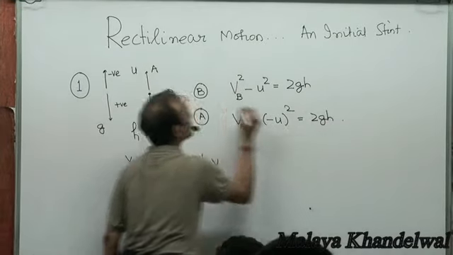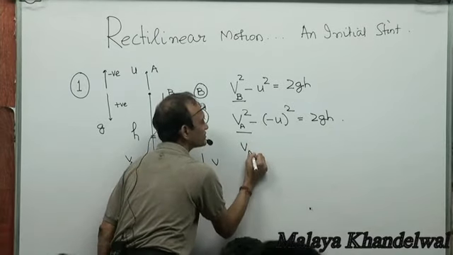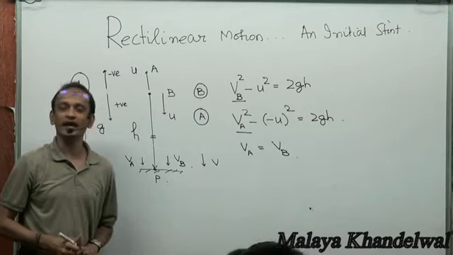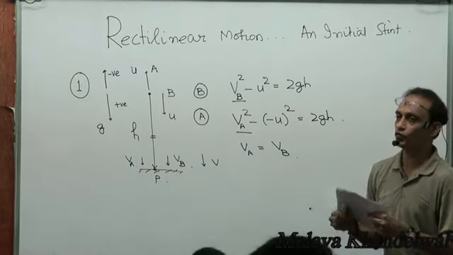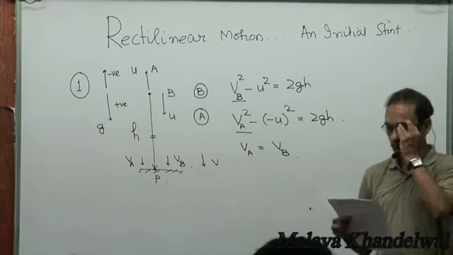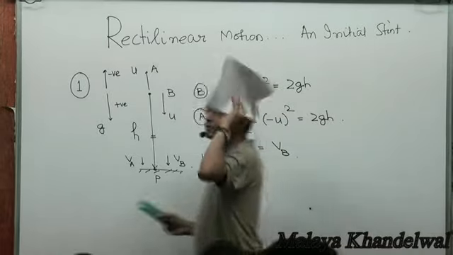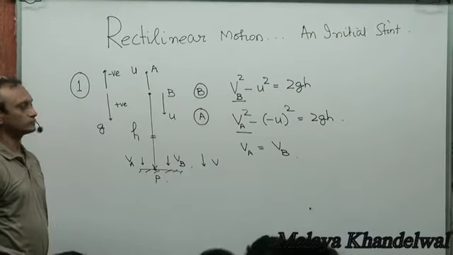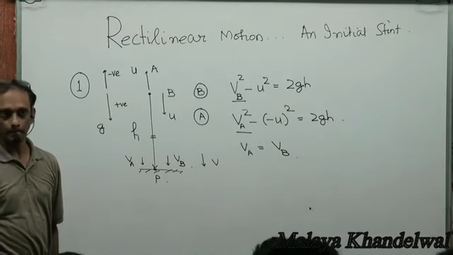So H. Very clearly from these two equations, nothing changes. VA is evidently equal to VB. A and B hit the ground with the same velocity. Yes or no? I'm assuming you would have got it right independently as well.